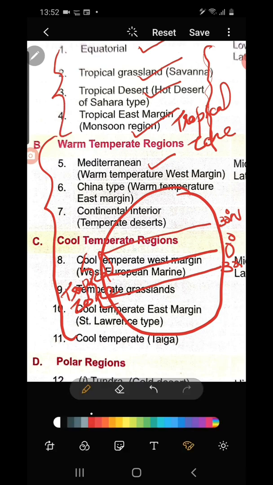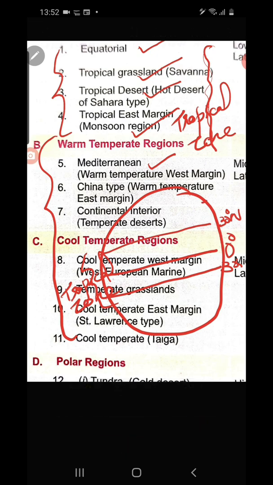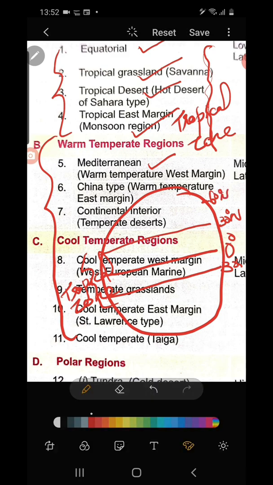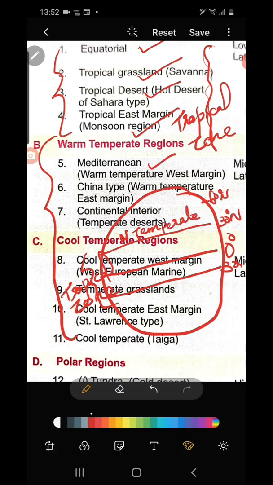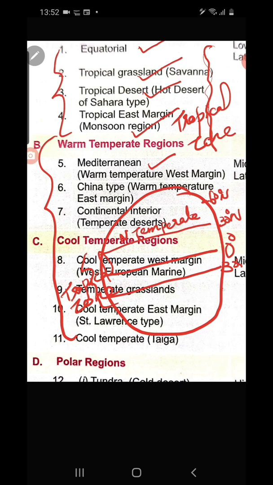Then just above the tropical zone, between 30 degree to 60 degree north, there is the north temperate zone. Then between 30 degree to 60 degree south, the south temperate zone.